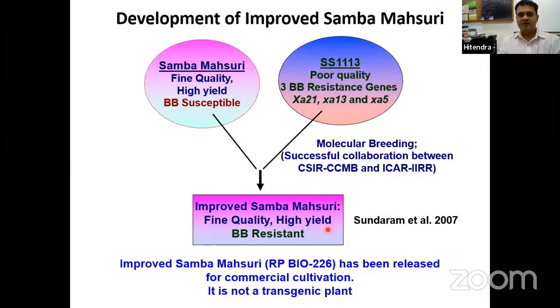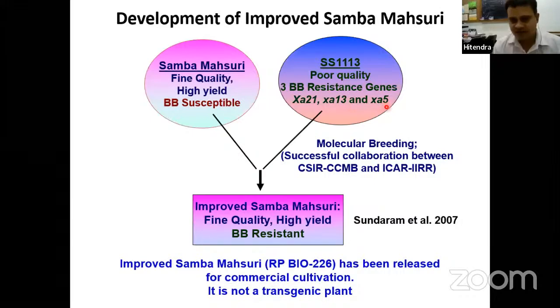So then what we did, so this is a Samba Masuri rice, okay, which has fine quality, which is high yielding, but it is susceptible to bacterial blight disease. There was another rice variety which has a poor quality, but it was having three bacterial blight resistance genes, which are called XA21, XA13, and XA5.